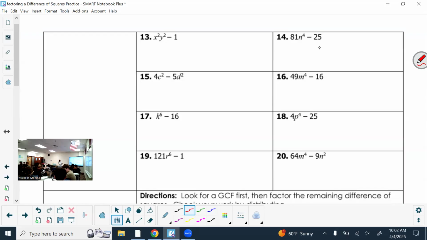So, for example, number 14, let's look at that together. This is a difference of squares. So let's take the square root of each term. What's the square root of 81? And then for the n to the 4th power, what times what will give me n to the 4th?